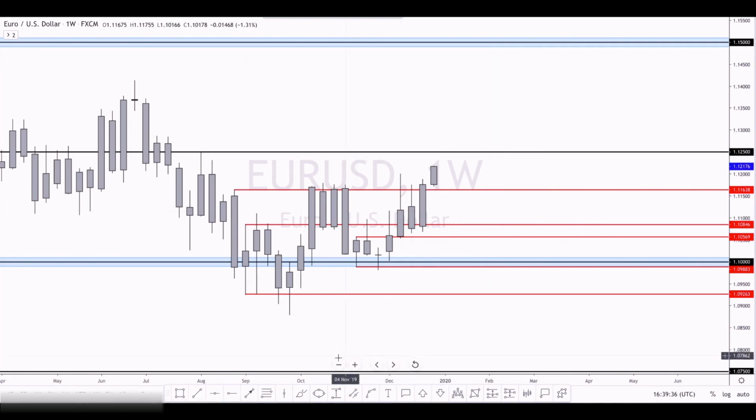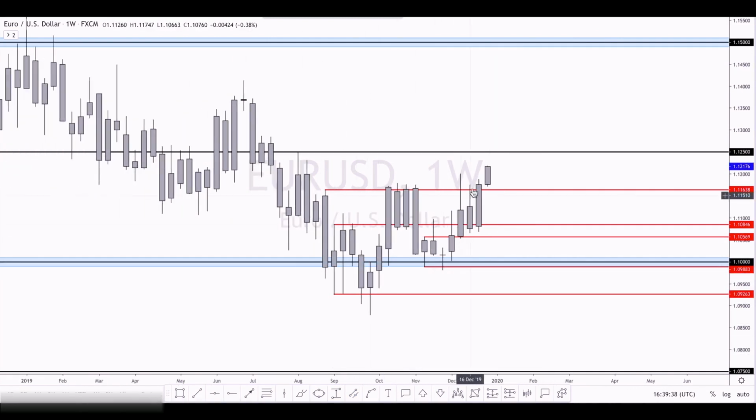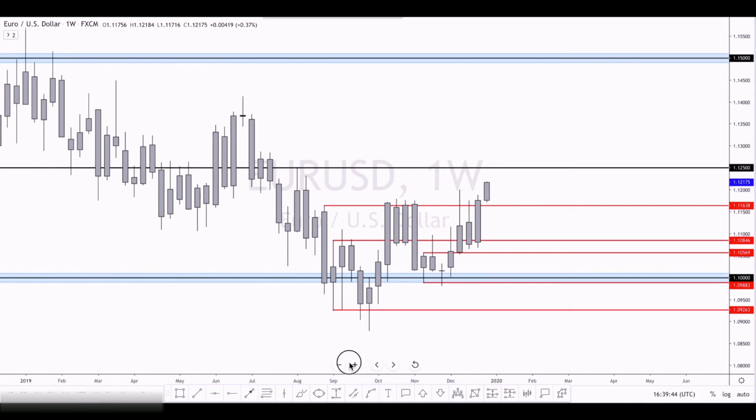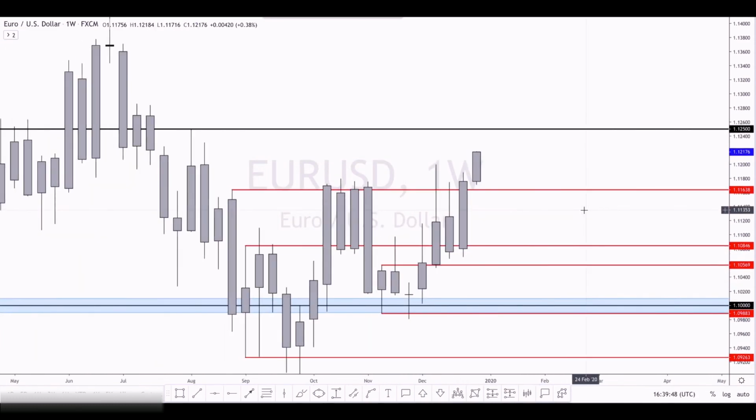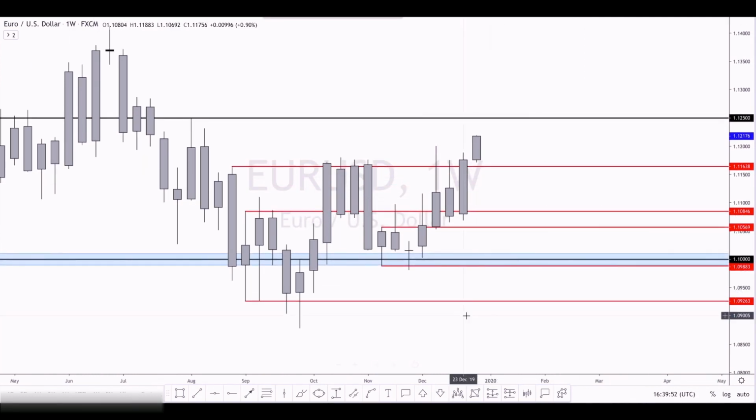But right now you can see Euro is showing you it's got willingness to move higher. So the next target you'll be looking at is 1.125. So you just have to be aware of how structure changes and what should be the signs when structure changes.